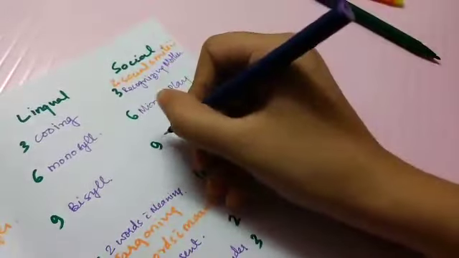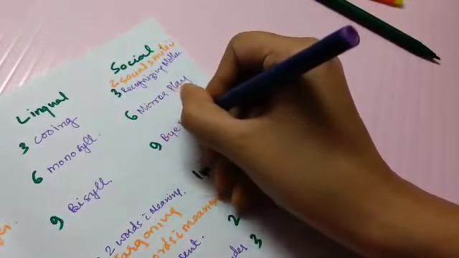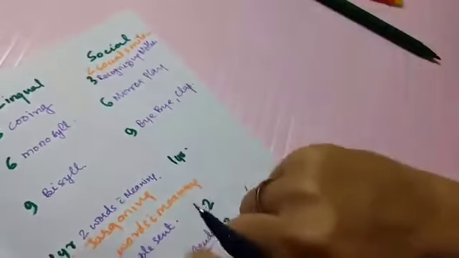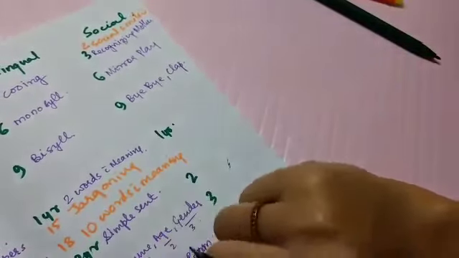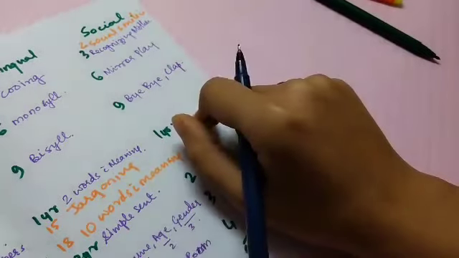So at 9 months, they use their hands, they'll do bye bye and they'll do clapping.